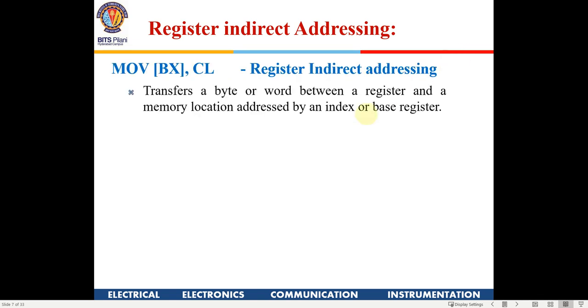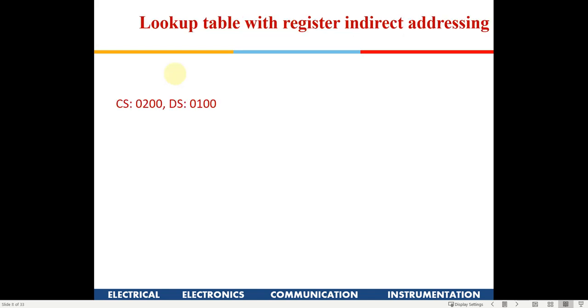Now, move [bx], cl. Here we are going to move the contents of cl into a memory location. And what is the memory location? The offset of the memory location is given in the bx register. This is a small program.